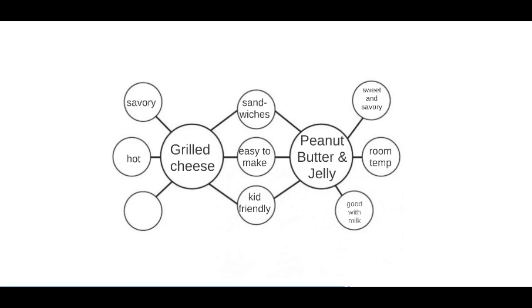Peanut butter and jelly is really good with milk. Grilled cheese might be good with milk, but it's really good with tomato soup. So in that way, they're different. Remember, if you address temperature on one side, you have to address temperature on the other. If you address what it's good with on one side, you have to address what it's good with on the other. So that's the rule for this map.